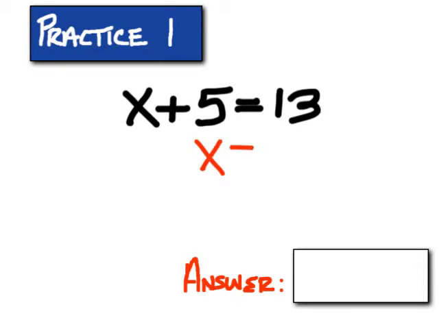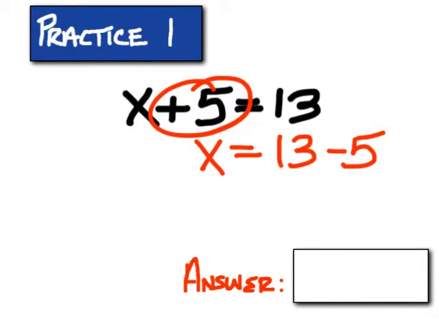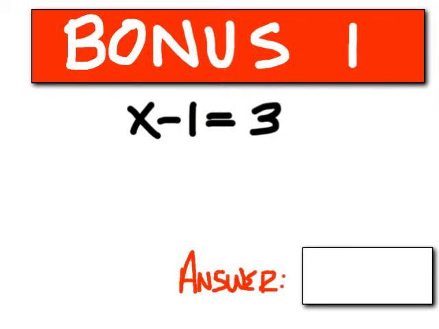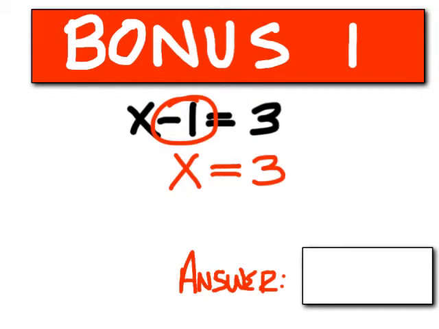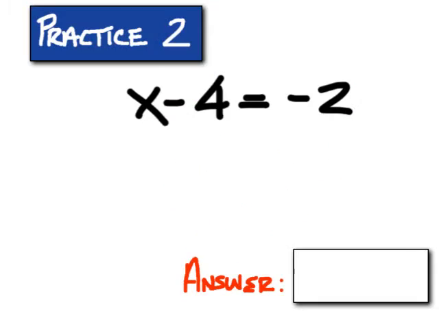On the practice problem, move the plus 5 to the right, make it minus 5, the opposite. Your answer is 8. Answer on the bonus problem, move the minus 1 to the right side and make it the opposite, which is plus 1. Answer is 4.